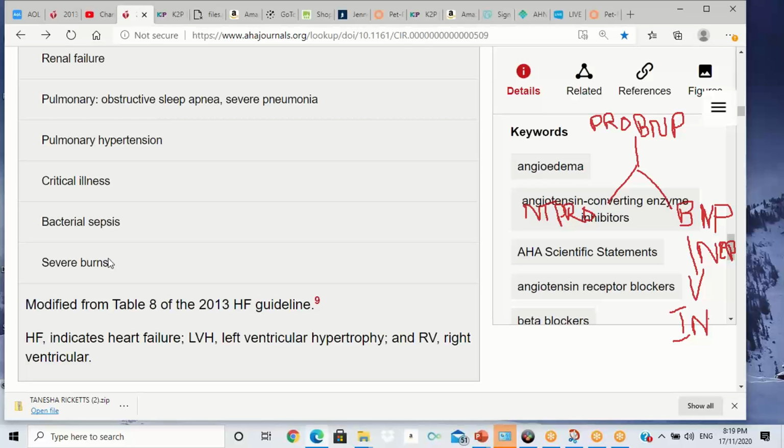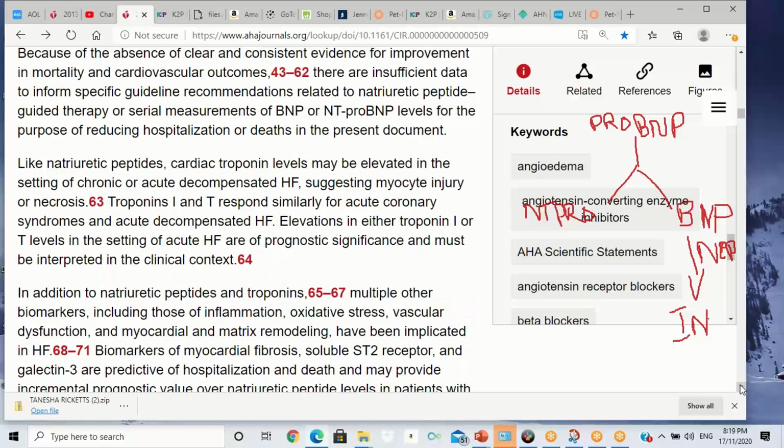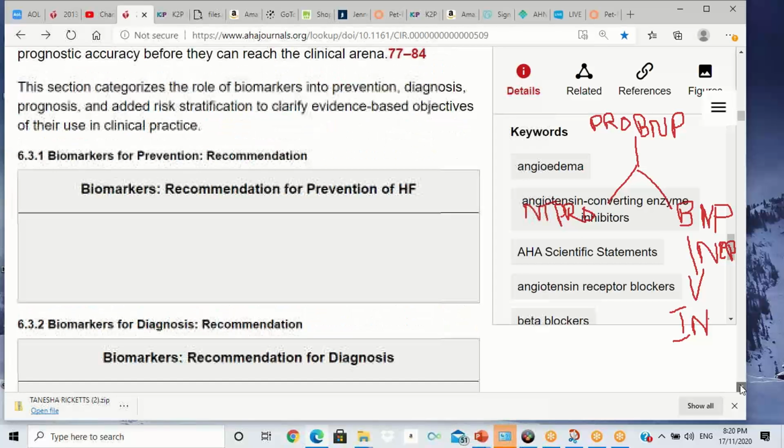We dealt with this when we did the guidelines, so we basically just went over it again.